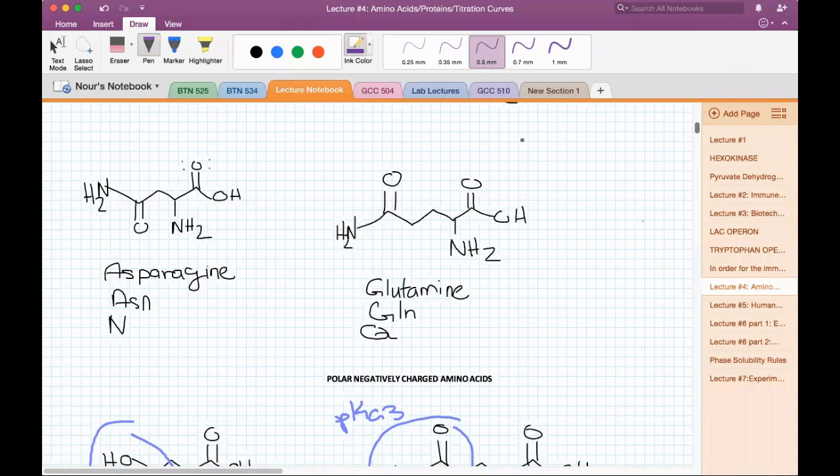The other two are pretty easy to remember structurally, because they're basically the same as 2 other amino acids, but they have NH2s attached instead. So these are asparagine and glutamine, and people sometimes forget these the most because they have nothing to do with one another.